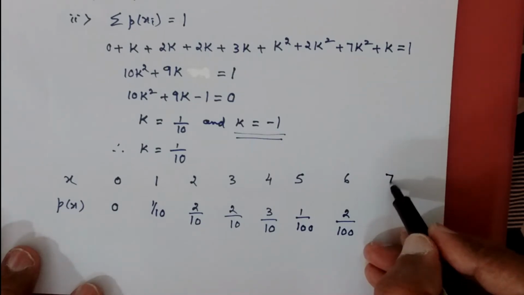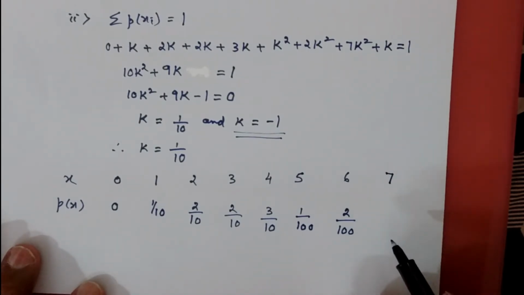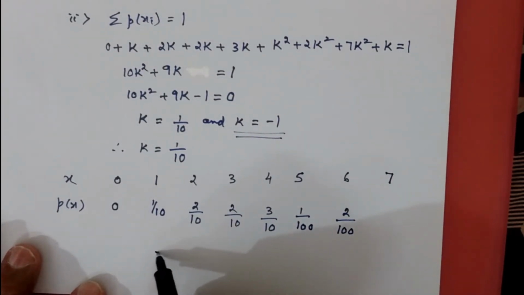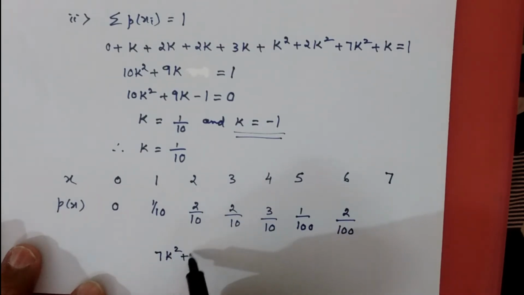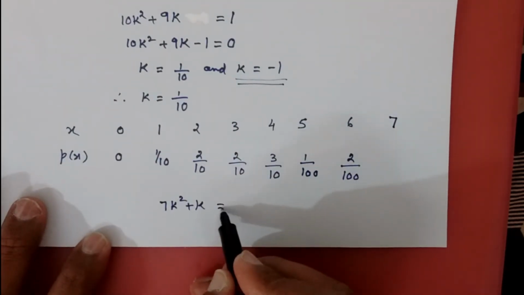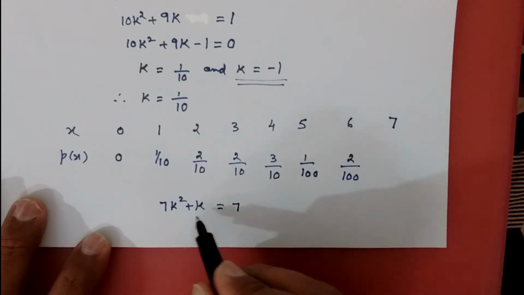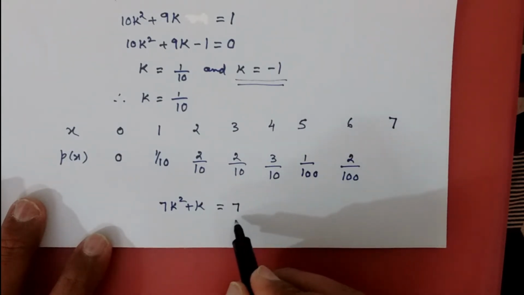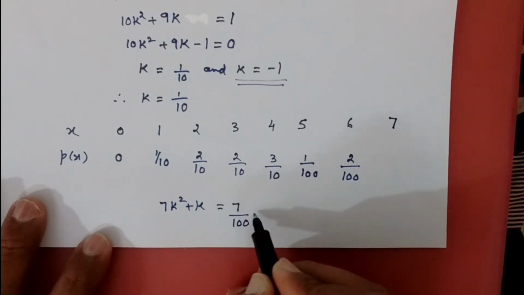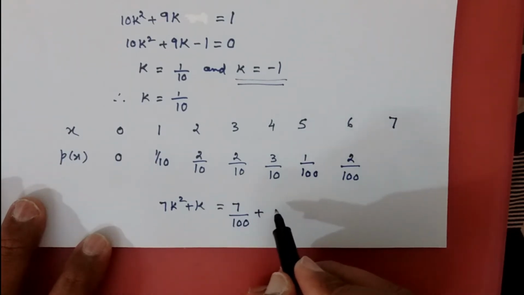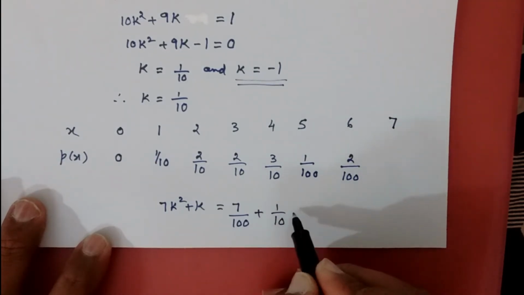Then you have 7, then it's 7k square plus k, that's the value you have. If you try to simplify, 7k square will be 1 by 100 times 7, plus the value of k, which is 1 by 10.